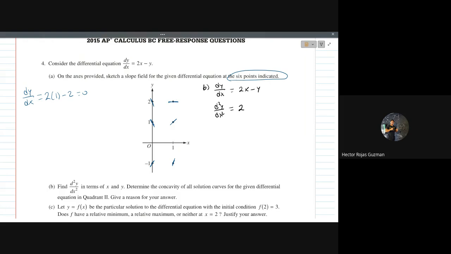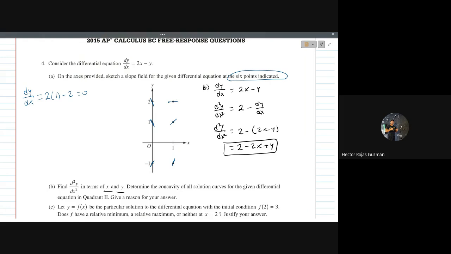But it said in terms of x and y, so you can't leave the dy dx like that. So for dy dx, substitute what we already know, which is 2x minus y. My second derivative becomes 2 minus 2x plus y. There's 2 points for part A, 2 points for part B.